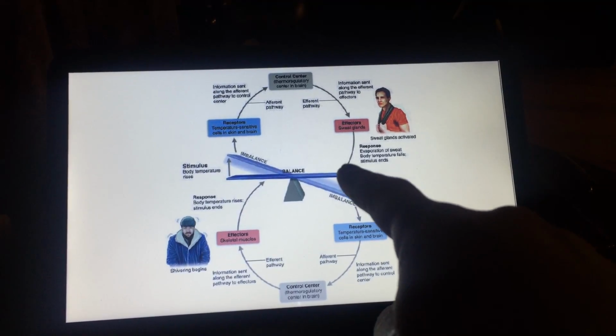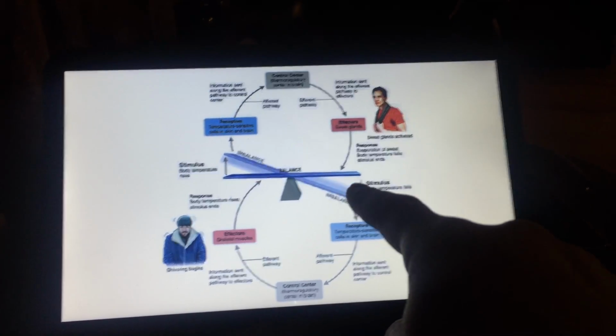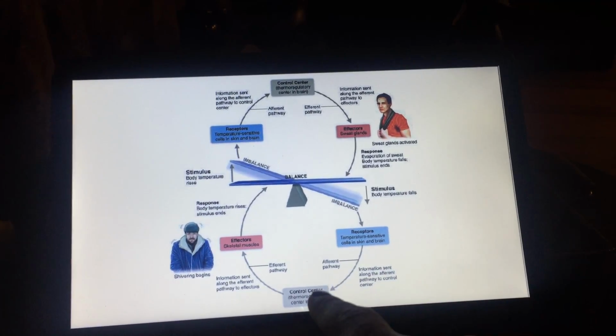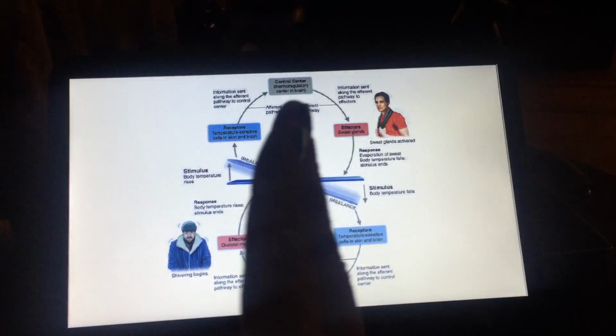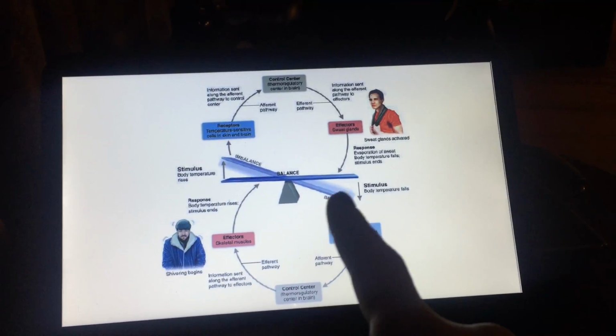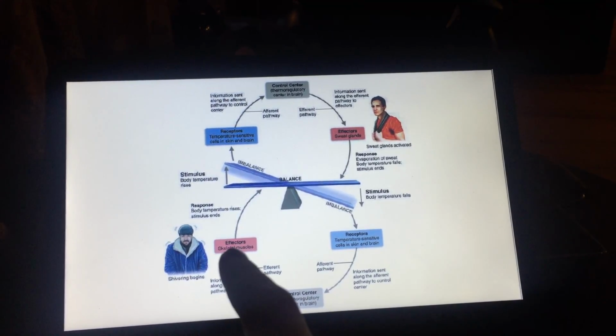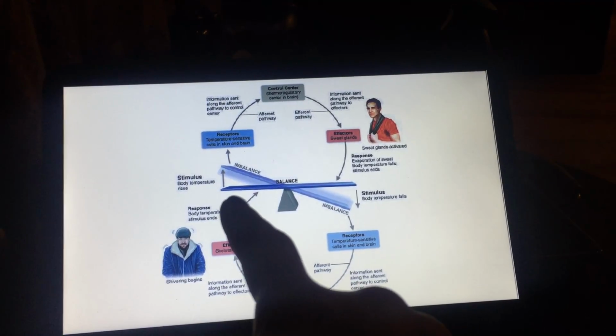So here with temperature, again, your body temperature drops, message is sent to the brain, you shiver. The shivering is going to stop the imbalance here, and it's going to cause you to produce more body heat, increase your body temperature, bringing you back to balance.